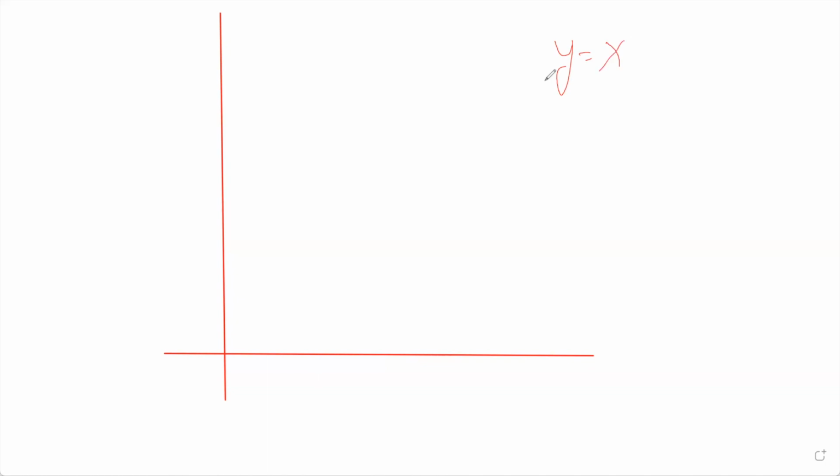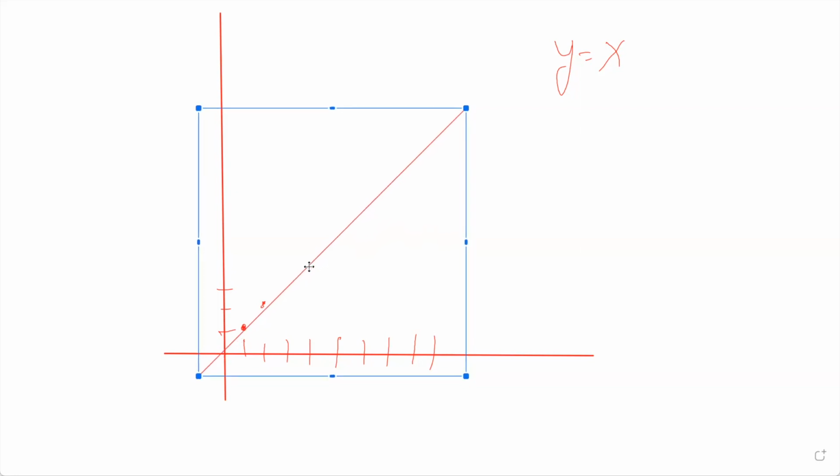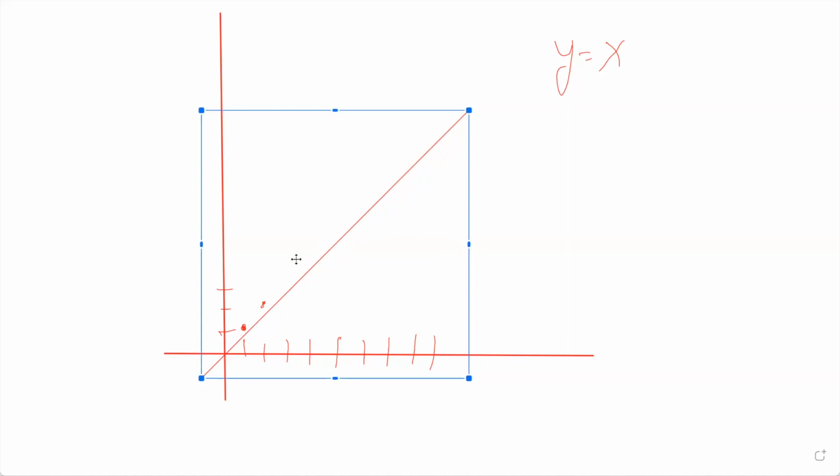That means if x equals 1, y equals 1. This is the point. x equals 2, y equals 2. You can see that I'm making exactly a line that is 45 degrees. I need to move a little bit to the right, to the left, and that's all. This is my exact line. This is called y equals x.